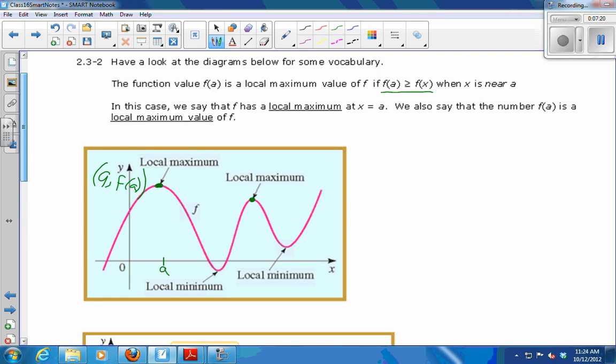Okay, if they ask where a local maximum occurs, they're asking for a, the x value. So we have local max value, or min, right? Because a min is just the reverse, just a low point. Okay. A local max or a minimum value is the y coordinate.